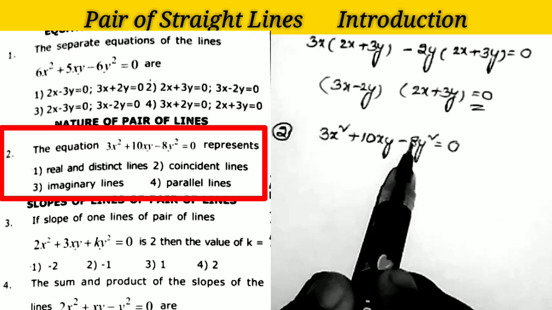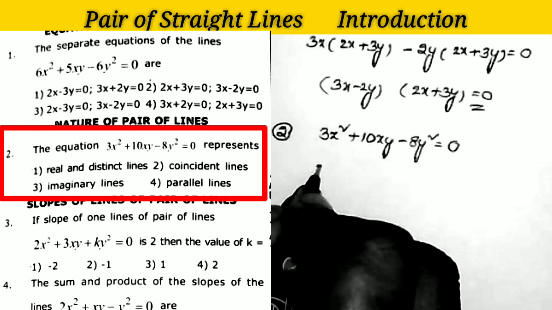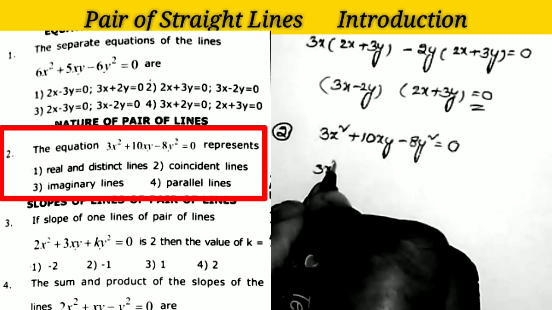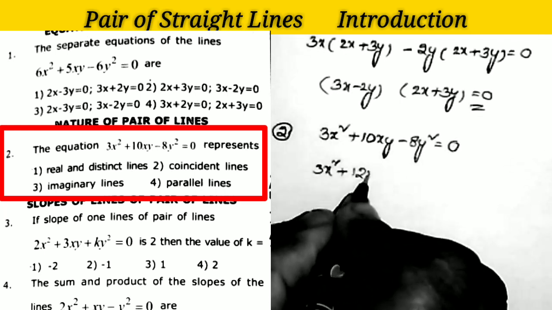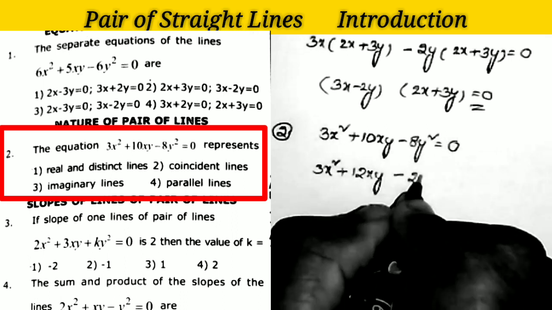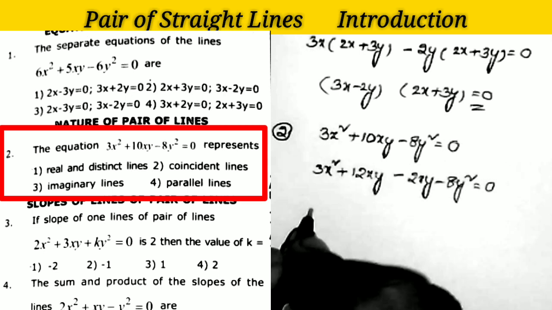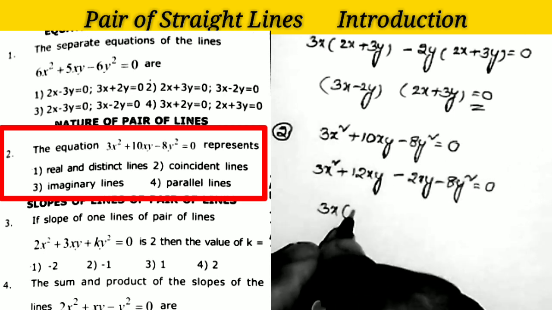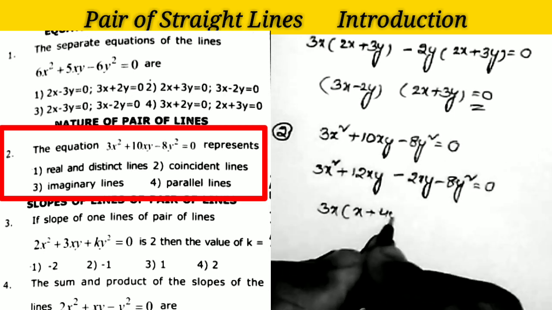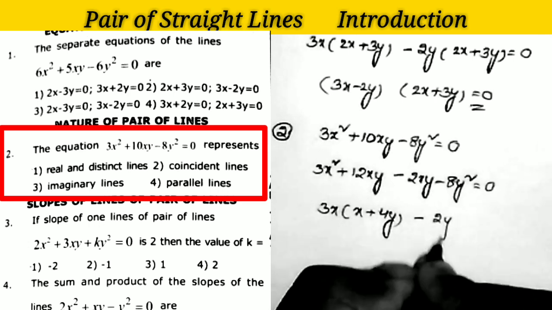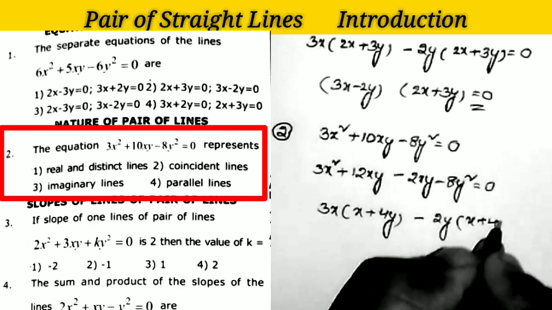What are the factors? The product is equal to minus 24 here, that is 3x square plus 12xy minus 2xy minus 8y square is equal to 0. Just do the factorization. Now taking 3x common here, then we get x plus 4y, and here minus 2y common, that is minus 2y into x plus 4y.